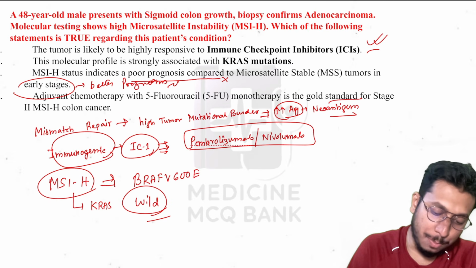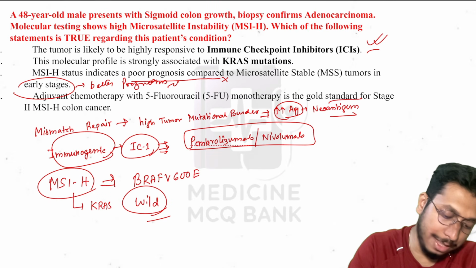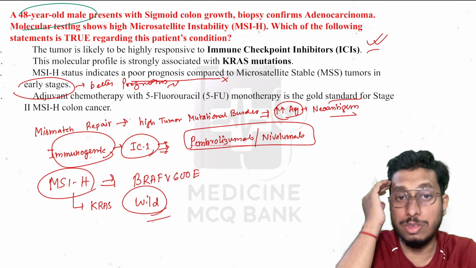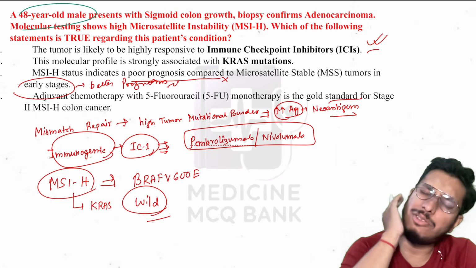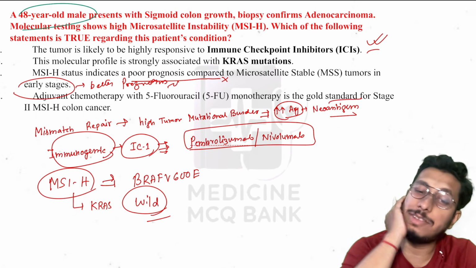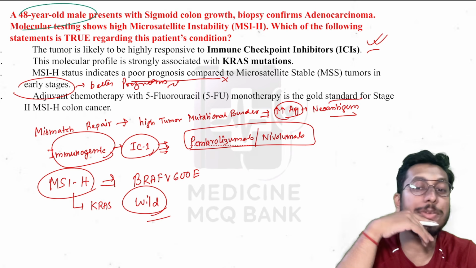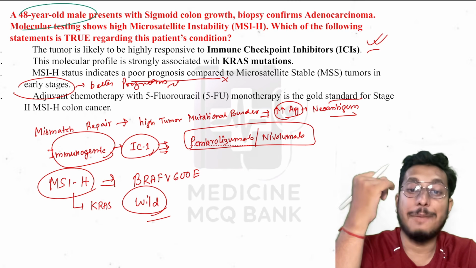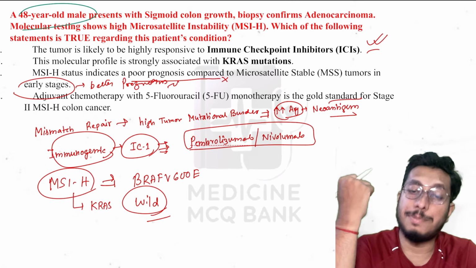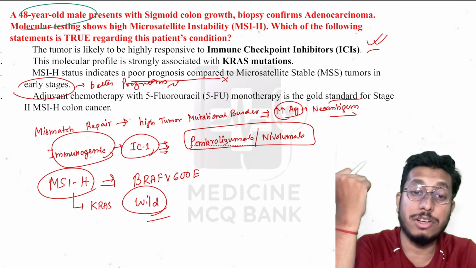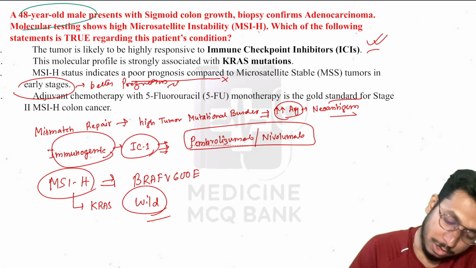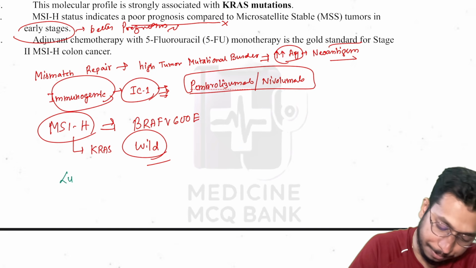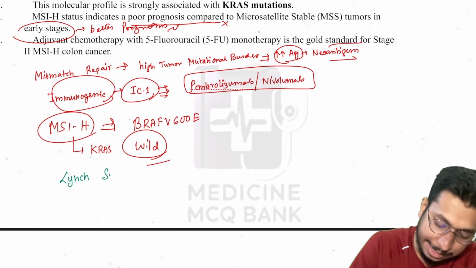Now, one important point I would like to discuss here. Can you see the age group? It is a 48-year-old male. So this is a little earlier onset, obviously in the middle age group, but a little earlier for development of colon cancer. In younger patients, MSI-H or microsatellite instability often points toward a syndromic approach, and the syndrome I want to discuss here is known as Lynch syndrome.